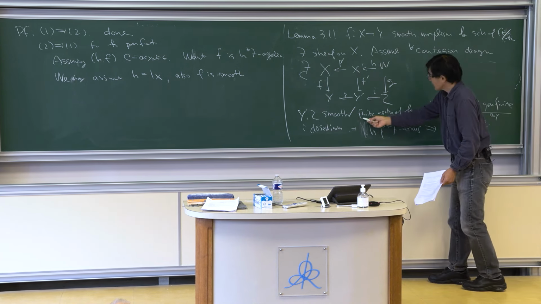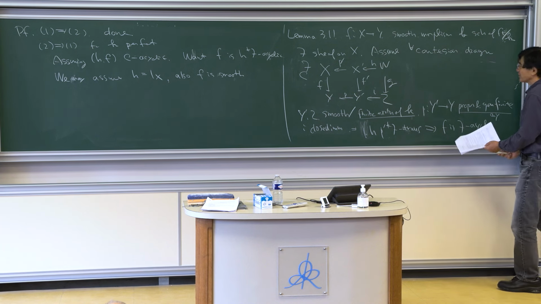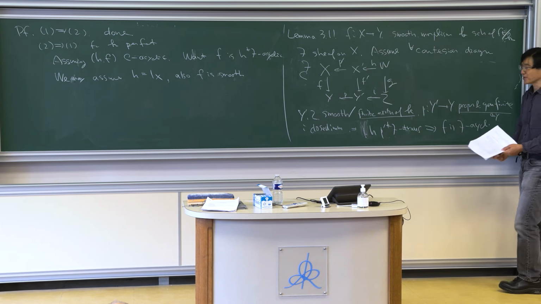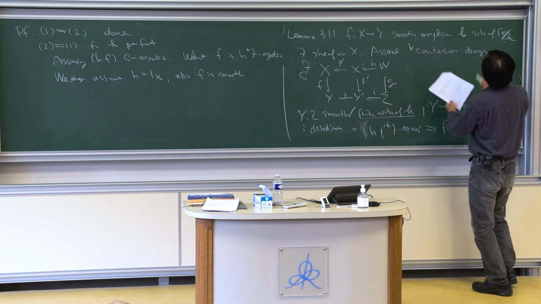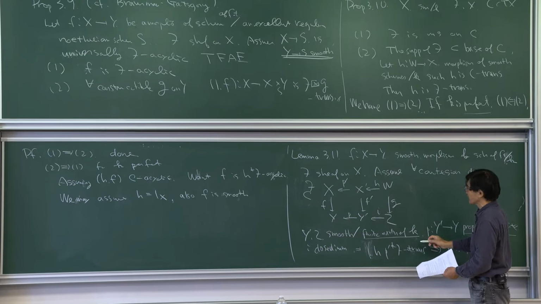Here K is just a finite extension. In general, this can be an inseparable extension. But by our assumption K is perfect, so this is a finite separable extension.